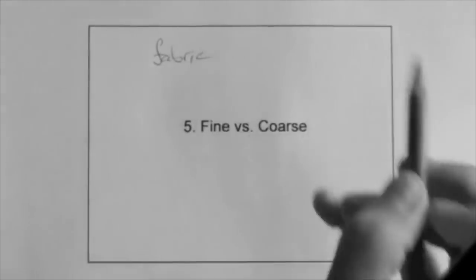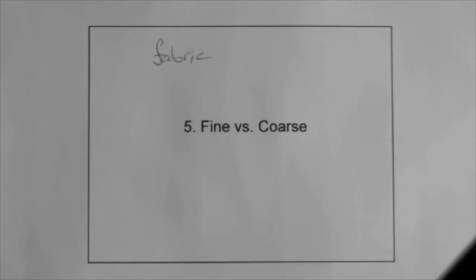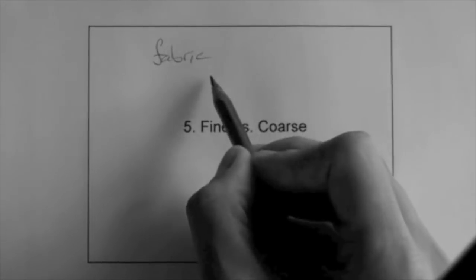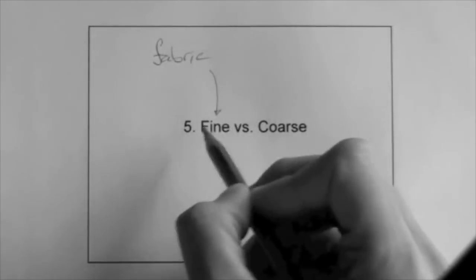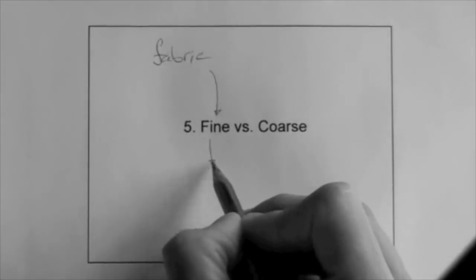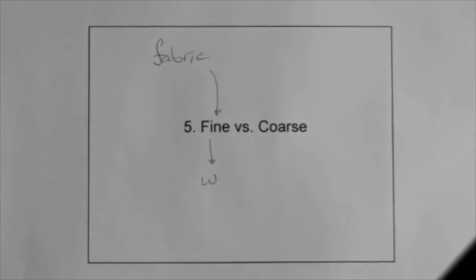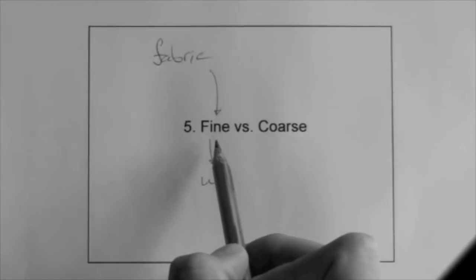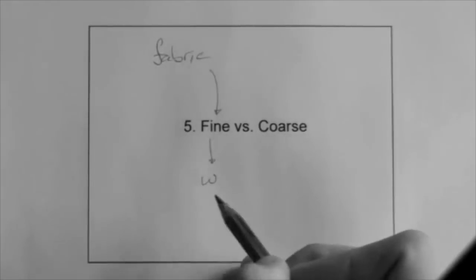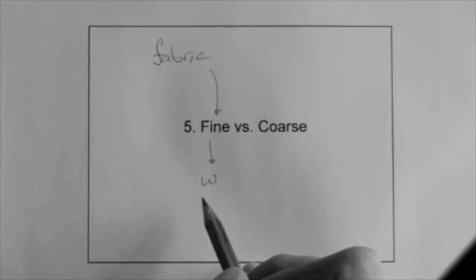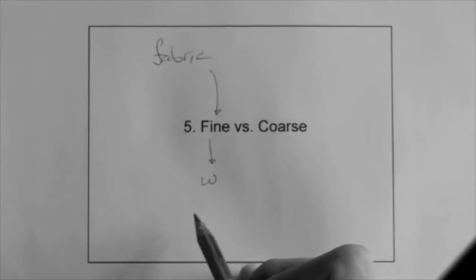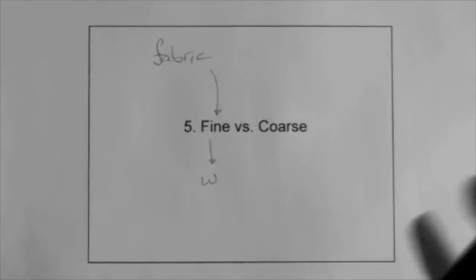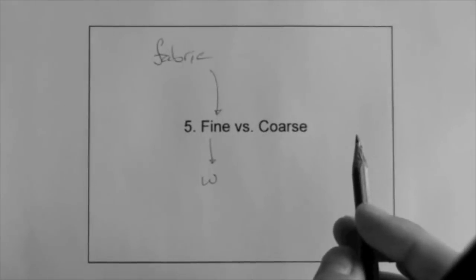We already said before that the fabric of fine-grained particles is controlled by the water content, W. The amount of water in the soil is going to control the fabric of that soil, and not only that, but also the chemistry of the water, meaning the ions and molecules that are present in the water.